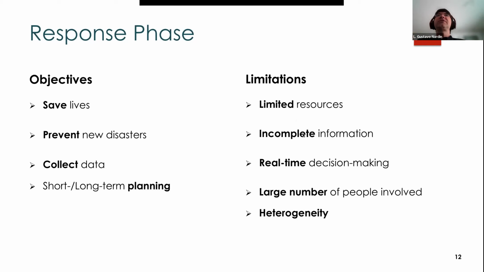You will not know what is going on everywhere, so you are not able to collect the information. You need to make very quick decisions since it is a life-death situation. You will have a large number of people involved, not only the victims of a disaster, but also on the side of the response team. And finally, these teams are going to have heterogeneous knowledge and capabilities.